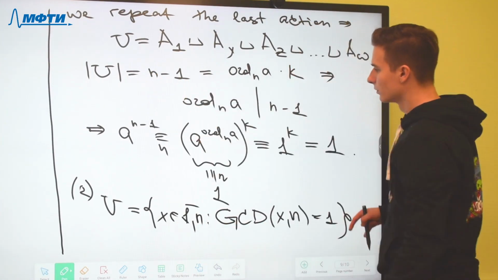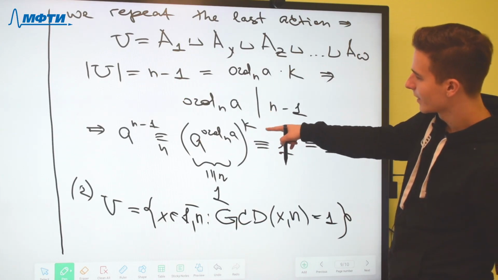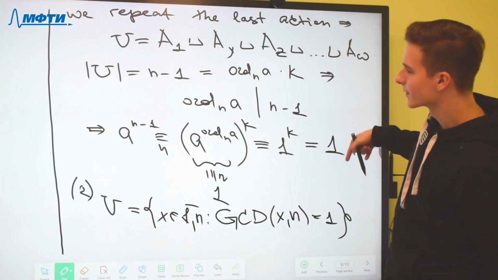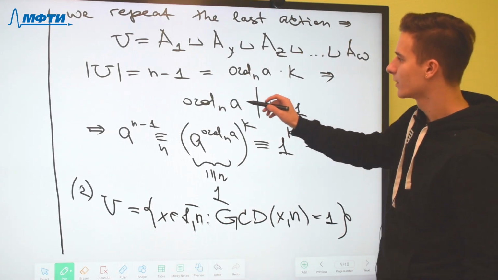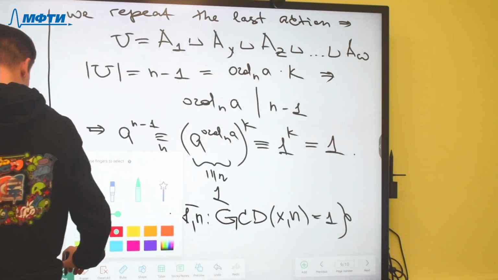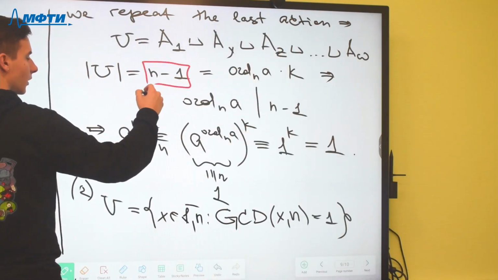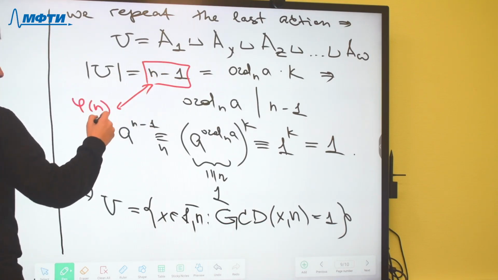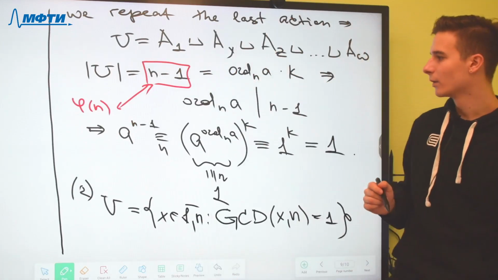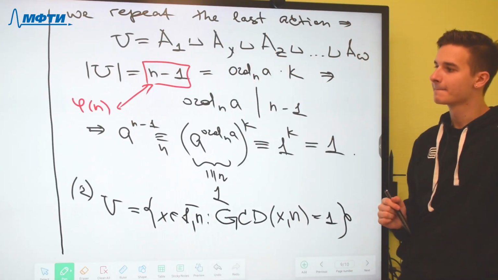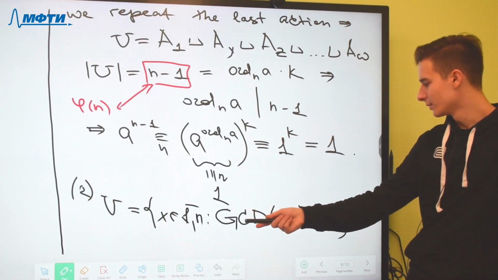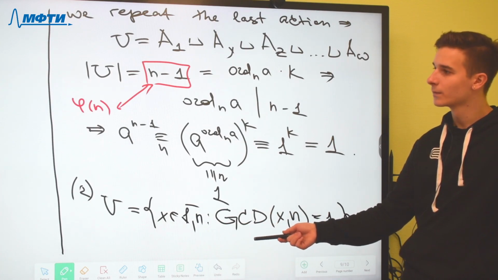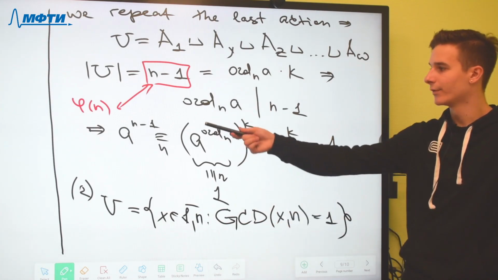And then we have steps similar to these steps. But here we replace it with phi of n, because it is the number of integers in this set U, by the definition of phi of n.